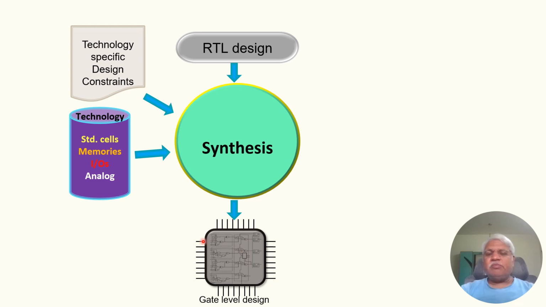That means, indirectly, what is the drivability of the IO and how the input pin is driving the digital logic and how it will drive the output logic. And you will also mention if there are any multi-cycle paths or false paths, what the clock period is, and whether there are any virtual clocks. All that information will be mentioned in the design constraints.